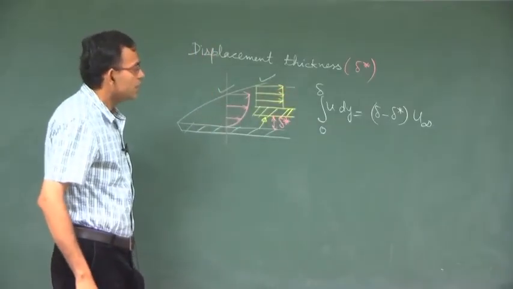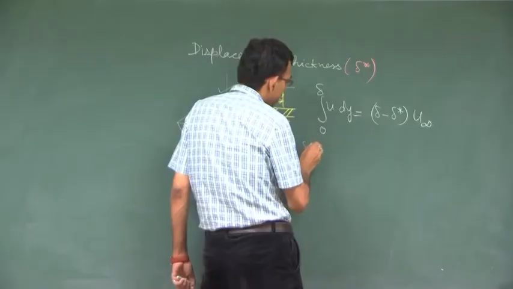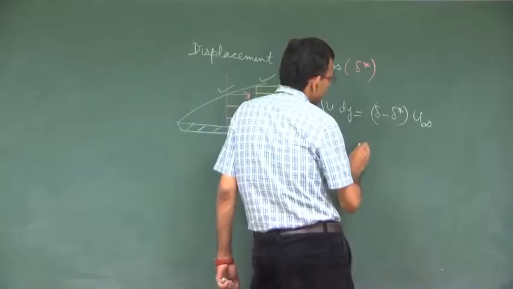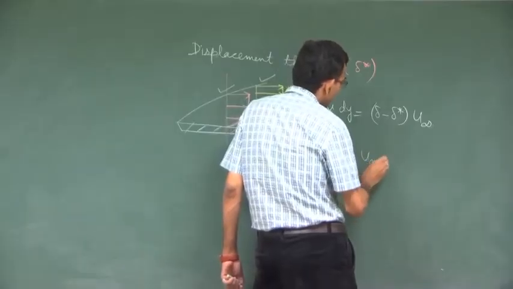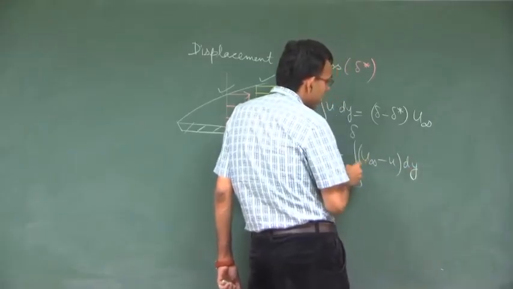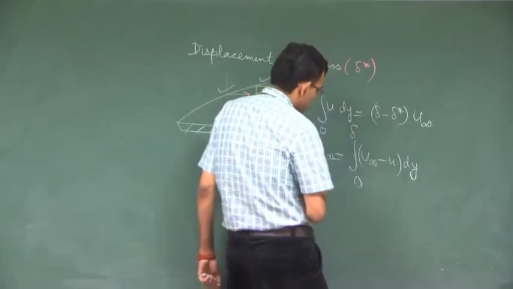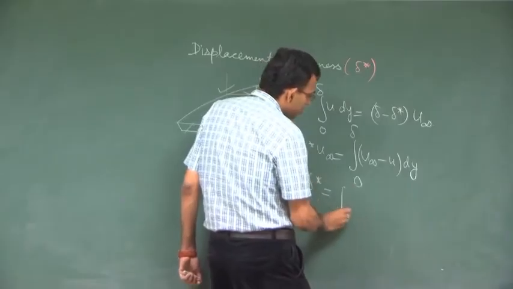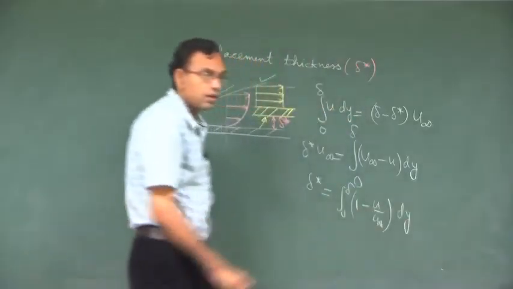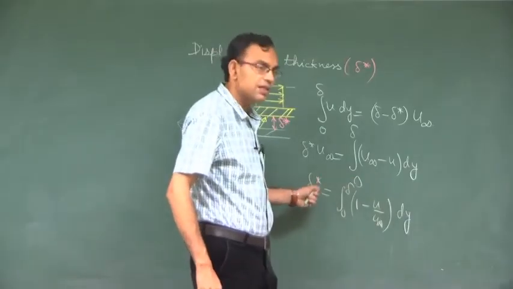So, delta star into u infinity is equal to the integral of u infinity minus u dy from 0 to delta, because the integral of u infinity dy from 0 to delta is u infinity into delta. So, delta star is the integral from 0 to delta of 1 minus u by u infinity dy. If you know the velocity profile, you can calculate this delta star.